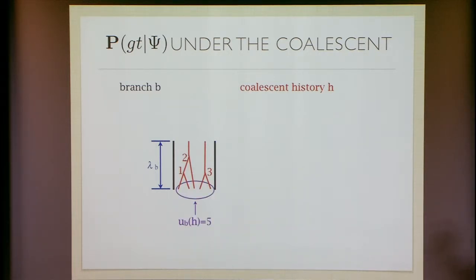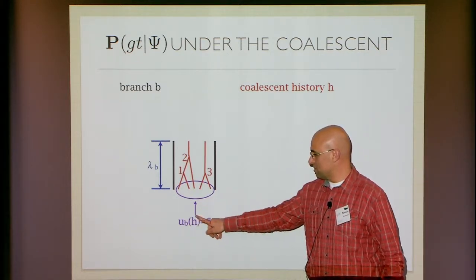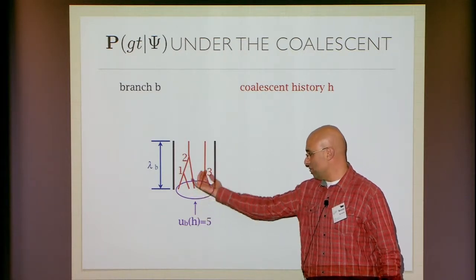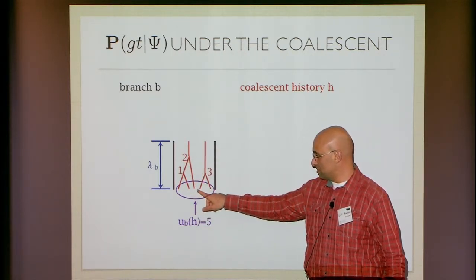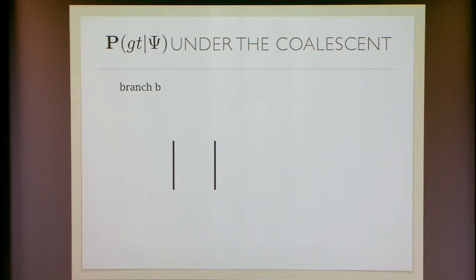So the first term is the probability of these 3 coalescent events happening, assuming that 3 did happen. Here we denote by U B of H, under this coalescent history H, how many lineages are incoming into this branch, which is 5, and how many are exiting, which is 2.